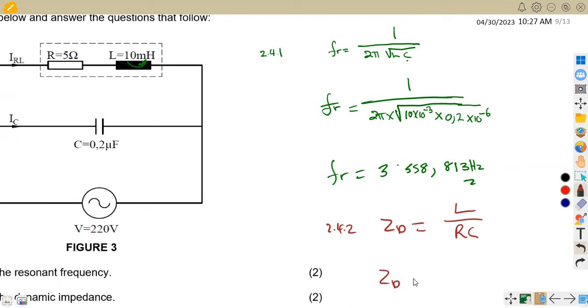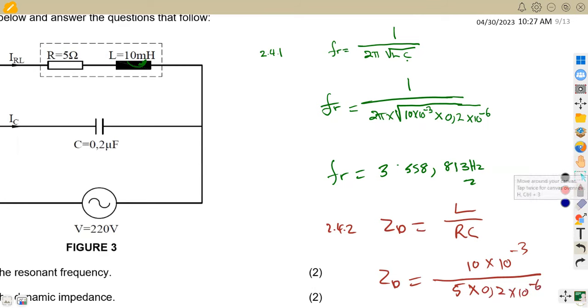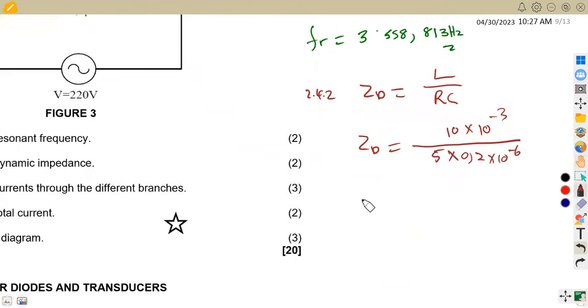So it is equal to L, your inductance in millihenries, that is 10 times 10 to the exponent of minus 3, then everything over the resistance, that is 5, times the capacitance, which is 0.2. Remember, we said that's times 10 to the exponent of minus 6. All right, so we can simplify this to obtain the dynamic impedance, which is going to be 10,000.